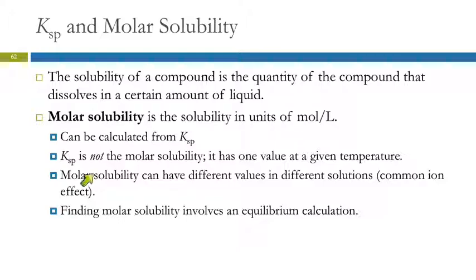The molar solubility can have different values in different solutions at the same temperature due to the common ion effect. So if you change the acidity or add other common ions, you can affect the molar solubility even though the KSP, that equilibrium constant, hasn't changed.